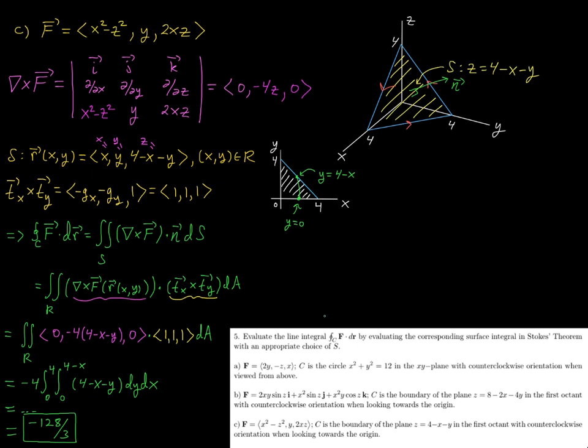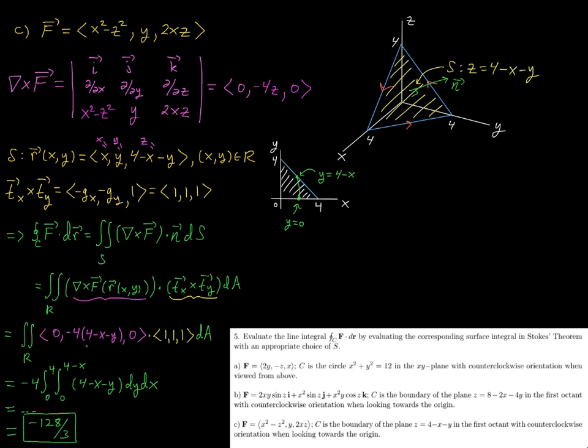Now for the curl vector evaluated along the surface. We're setting x to itself, y to itself, but z is equal to 4 minus x minus y. Since the j component of the curl vector is negative 4z, this becomes the integrand negative 4z, and z is 4 minus x minus y as we move along the surface.